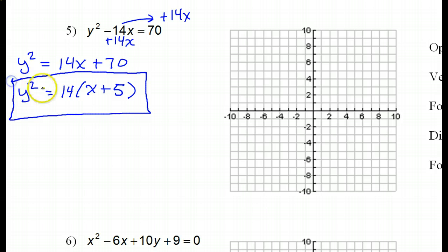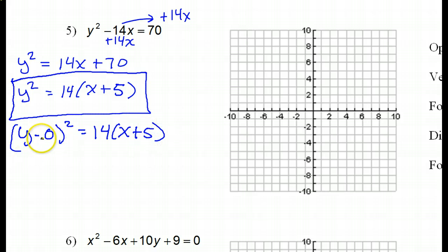Okay, this looks a little short because y squared is like having y minus 0 squared. All right, it's just the exact same thing. Okay, but we wouldn't need the 0, so we don't need the parentheses. Anyway, understand it's a 0.